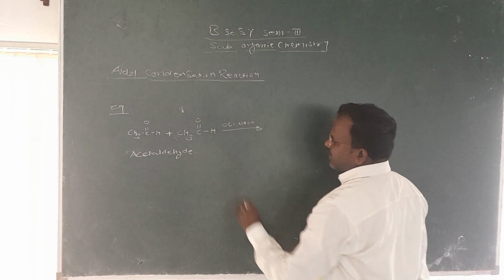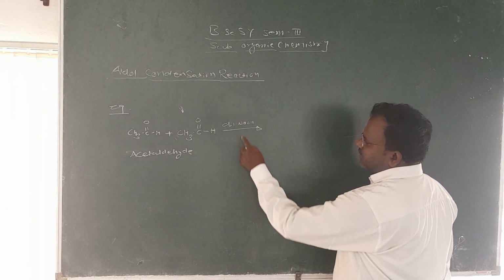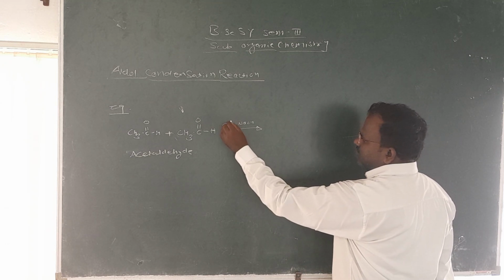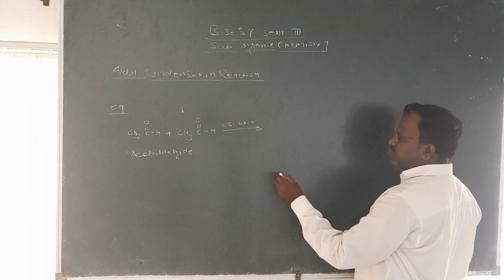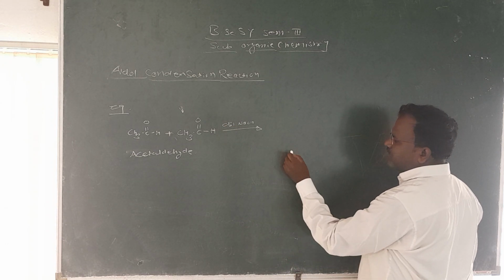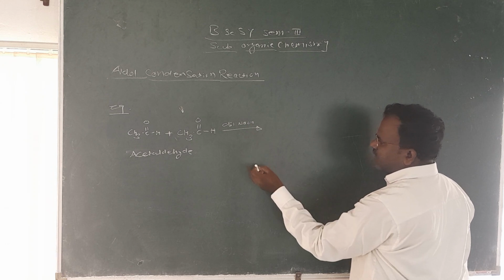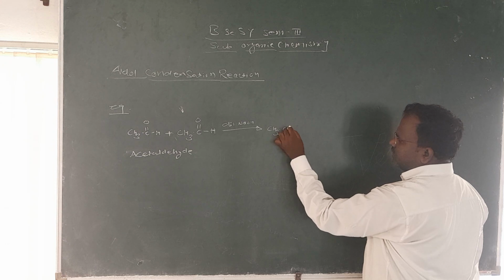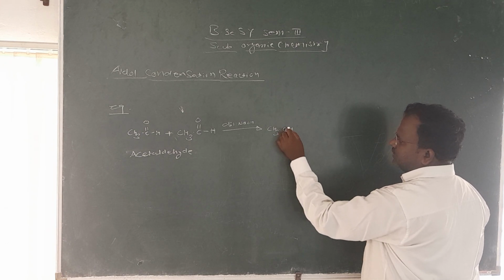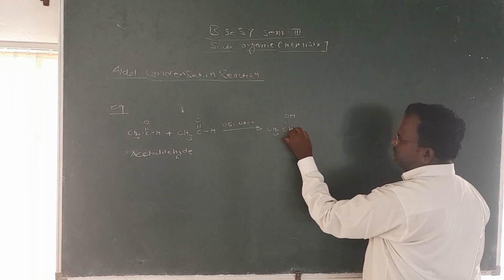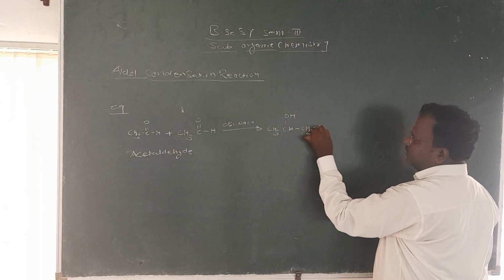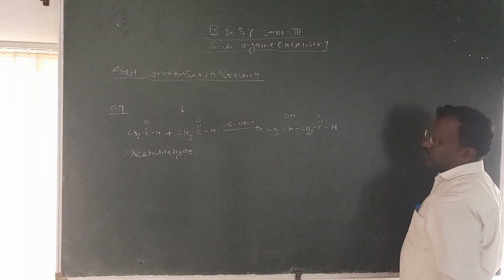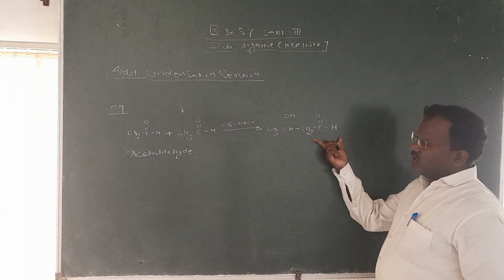That is, 2 moles of acetaldehyde react with dilute NaOH or KOH as a catalyst, and then the formation of CH3CH(OH)CH2CHO. This is the product of these reactions.